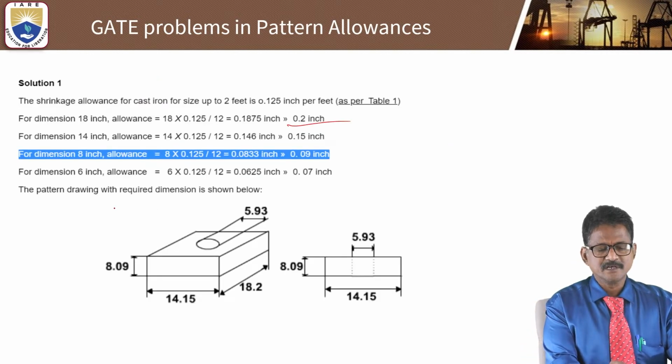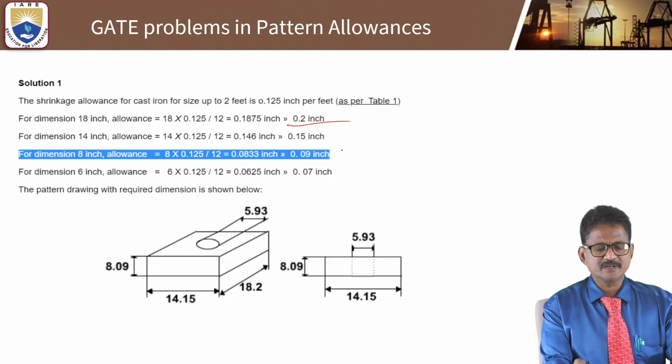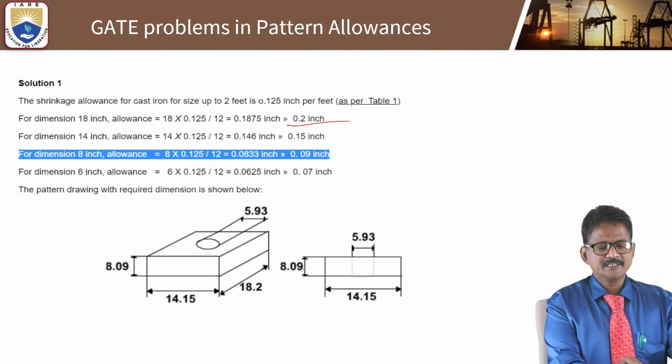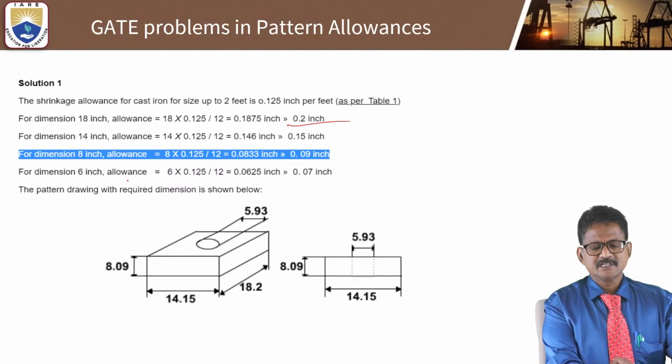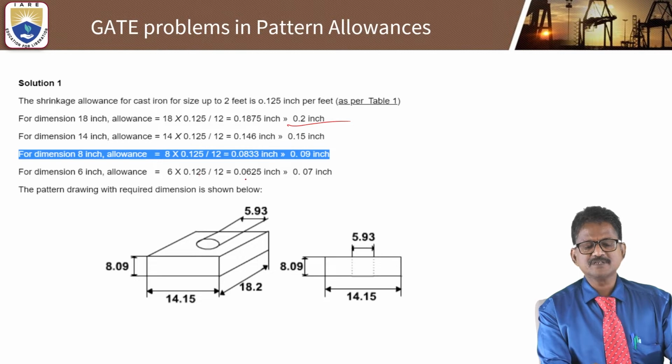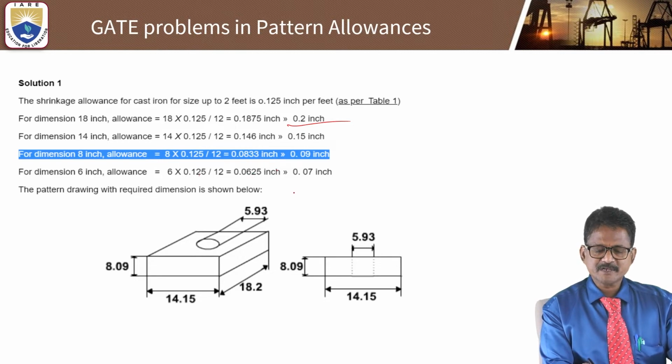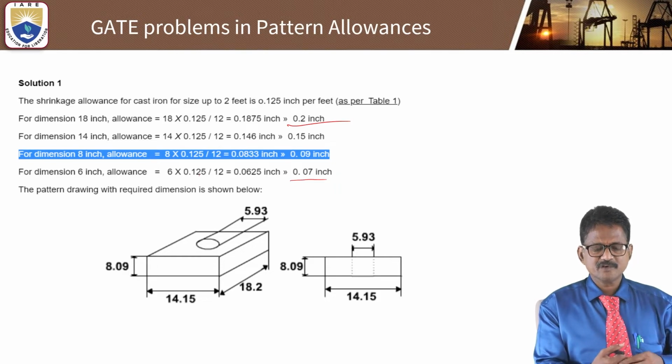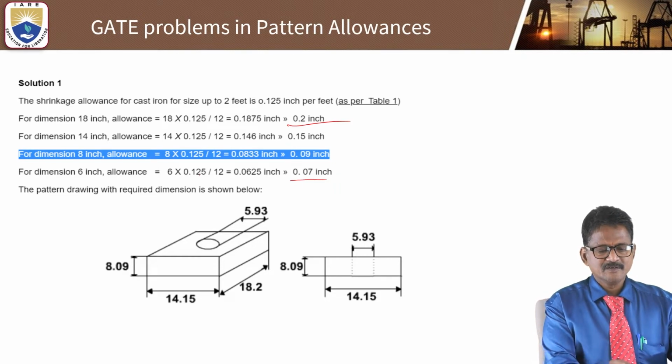The allowance is 14 into 0.125 divided by 12, we get 0.15, which can be added. Similarly for the dimension 6 inch, the allowance is calculated as 6 into 0.125 by 12. We get 0.0625, approximately 0.07 inch.